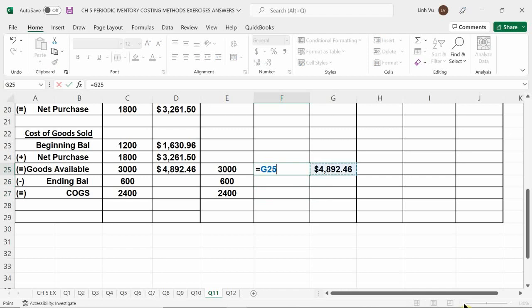If I have a grand total of $4,892.46 and I have a grand total quantity of 3,000, what is my average cost per item?